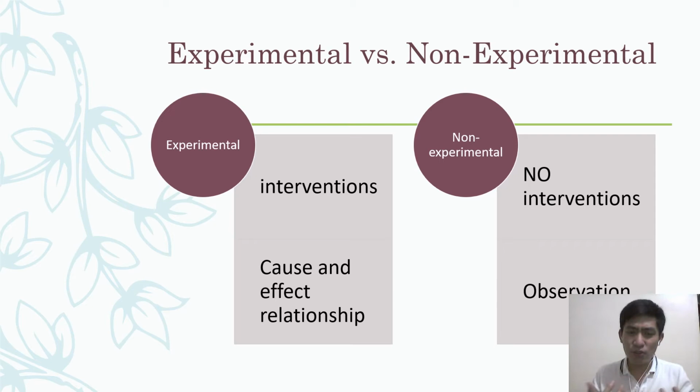It shows the cause and effect relationship, such as the effect of banana leaf in preventing pressure ulcers. Another cause and effect: increasing hand hygiene compliance decreases hospital acquired infection. For non-experimental, there are no interventions.